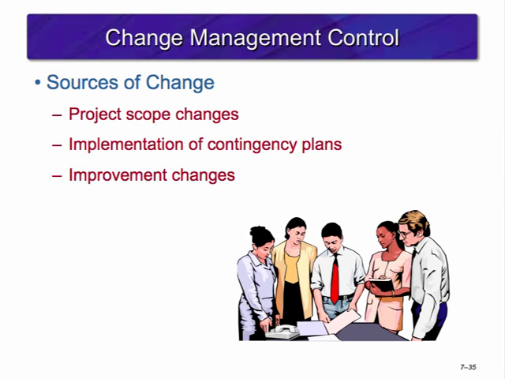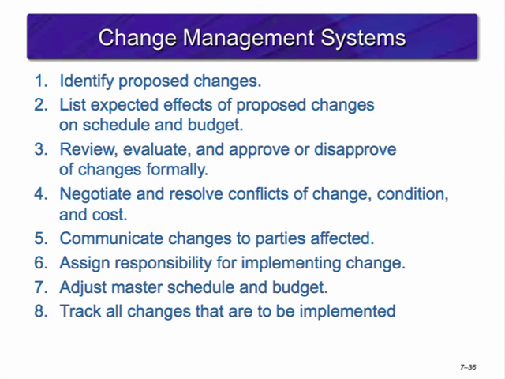Changes to a project are almost certain. A well-defined change review and change control process should be established early in the project. Change management systems are designed to accomplish the following. 1. Identify proposed changes. 2. List expected effects of proposed changes on schedule and budget. 3.